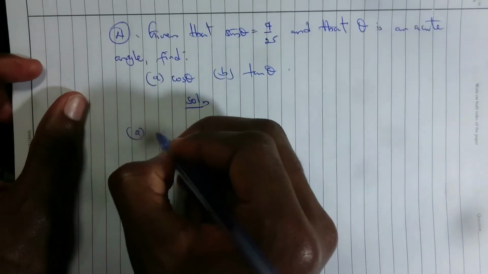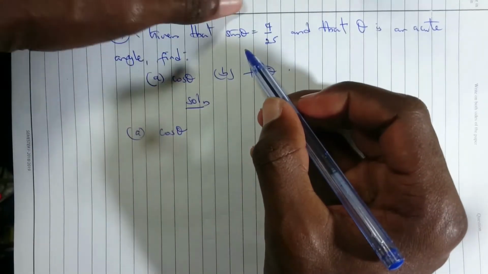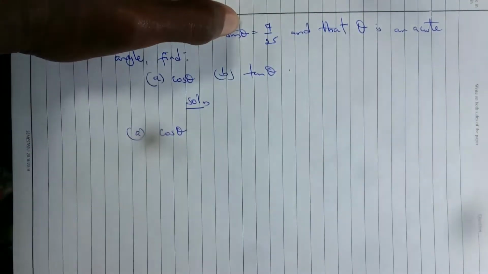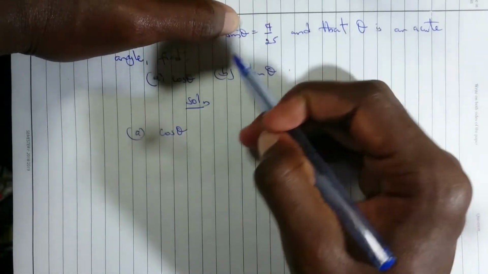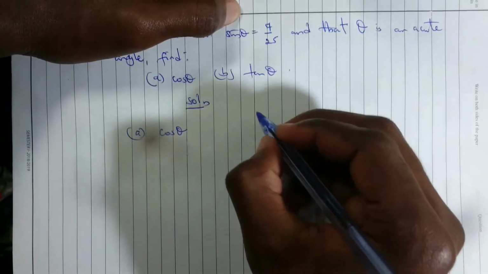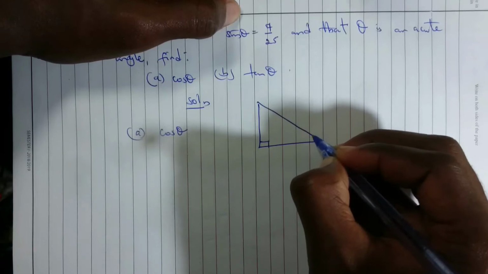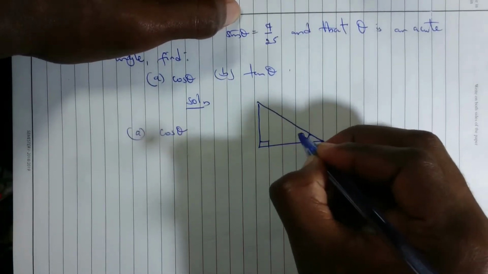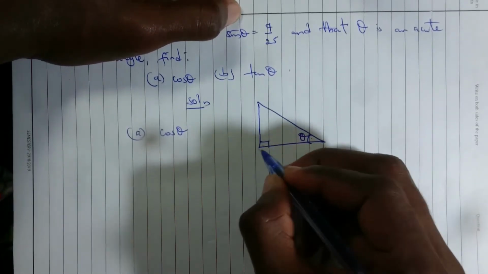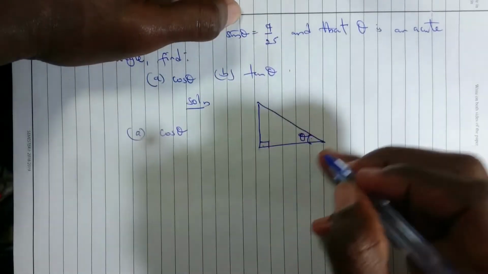A is cos theta. Now we are given sine theta. That means we can actually get cos theta, and we can also get our tan theta. So let's draw a right angle triangle so that we can have an angle here. There is theta. Our adjacent will be this, our opposite will be that, because the angle is opposite to that, and that's our hypotenuse.